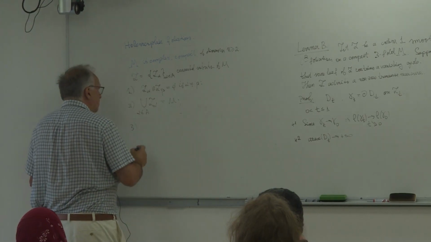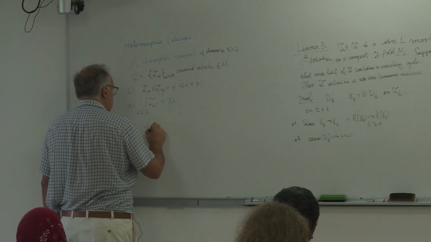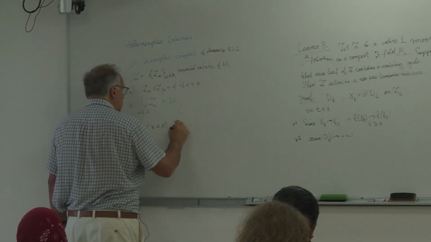And so for every point z in M, there is a flow box.